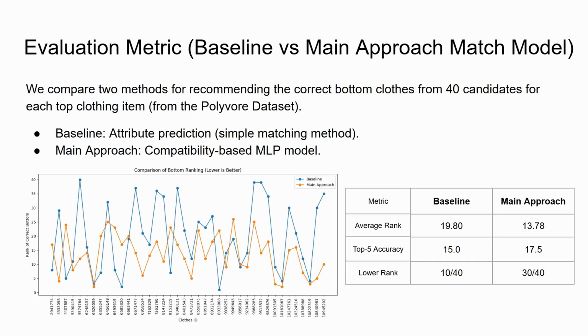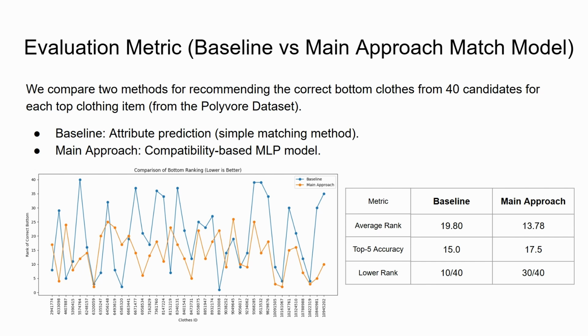Now let's take a look at our evaluation results, comparing the baseline method with our main approach. In this test, we evaluate how well the model can recommend the correct bottom clothing from 40 candidates for each top using the Polyvore data. The baseline relies on simple attribute prediction for basic matching, and the main approach uses a binary classification MLP model, which learns compatibility directly from the data.